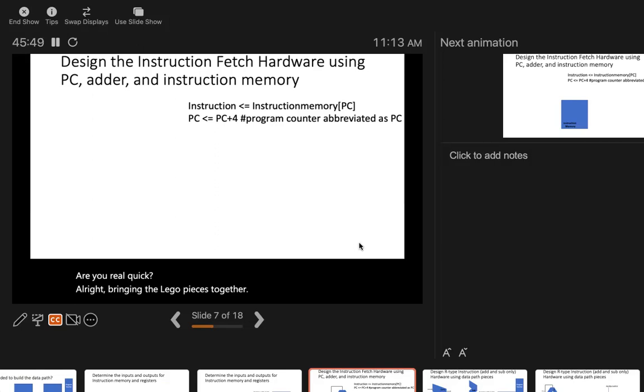There you go, perfect. Excellent. Very good job, thank you. If I were to be a little bit more specific, I would also specify these arrows, right? These arrows tell me exactly what the direction of the data is.